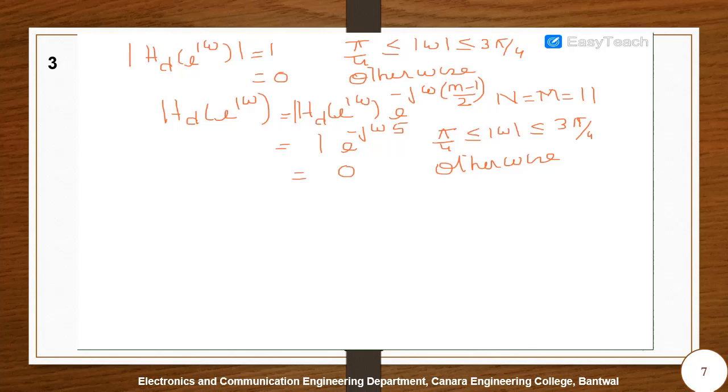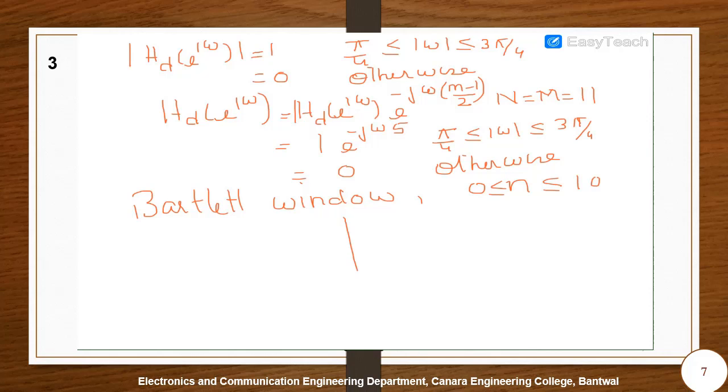With this information, they have given one more piece of information, that is, we have to make use of Bartlett window. Bartlett window needs to be used, and the n value will vary from 0 to 10.